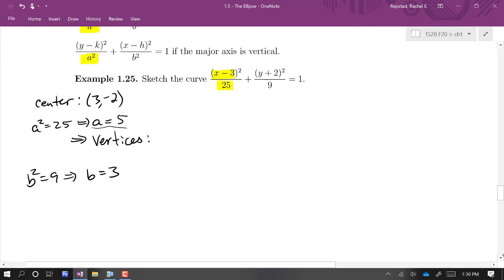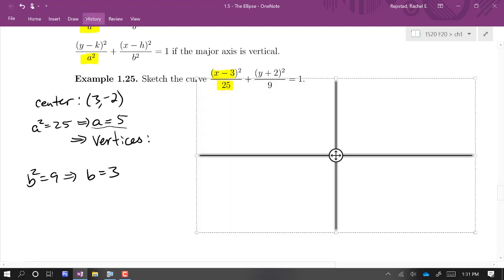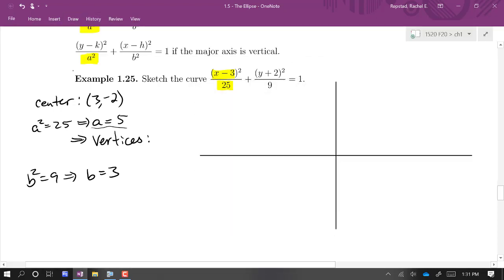So I'm actually going to start, I think, with a bit of a sketch here. So the center is at 3, -2.